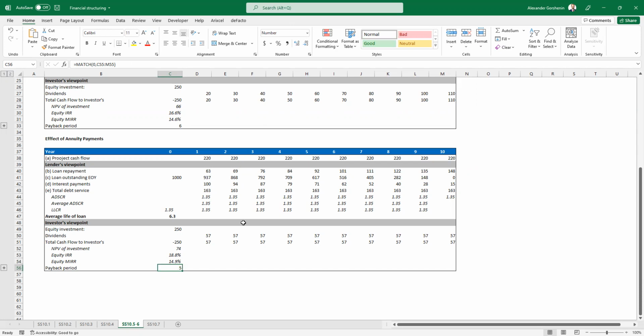The repayment structure is relatively more important to the investors than the interest rate on the debt. If in this example the lenders offered to reduce their interest rate by 0.25% in return for a level principal payment structure instead of an annuity repayment, the IRR benefit of this to the investors would be 0.6%.